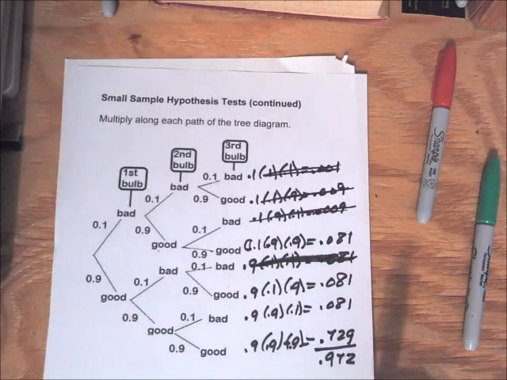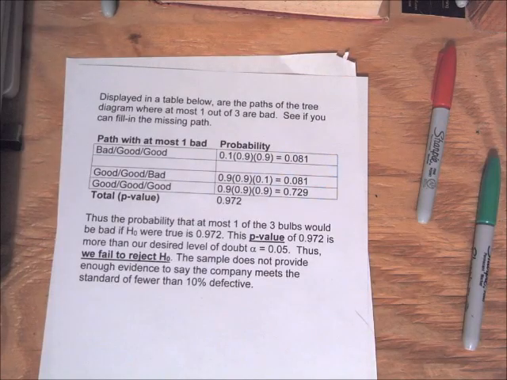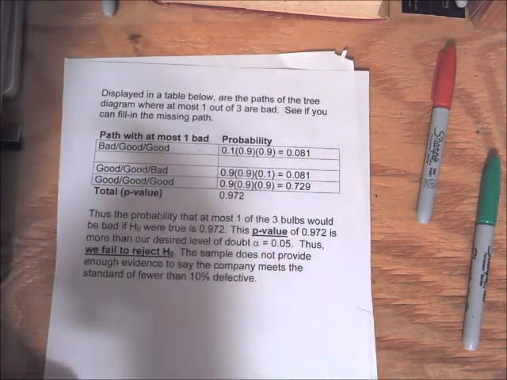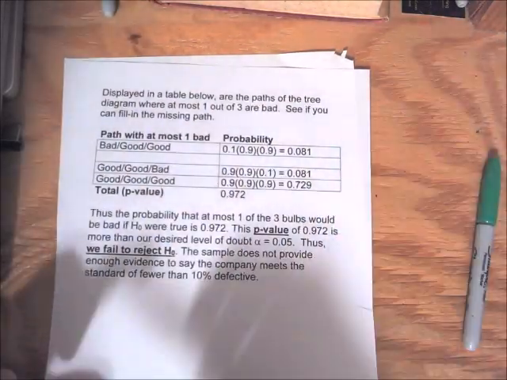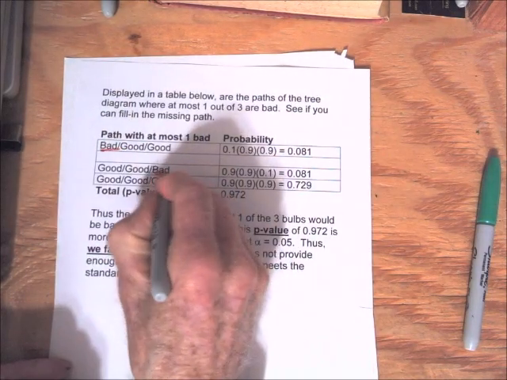And if you're using Pearson MyLab, they don't have capability for trees, so instead of a tree, we make a list, and we only list the paths with at most 1 out of 3 bad. We have bad in the first position, bad in the last position.